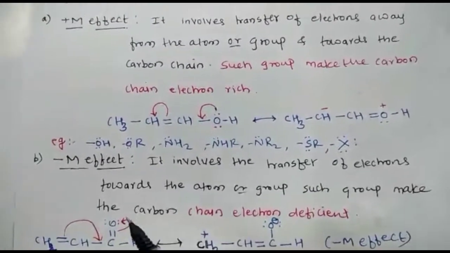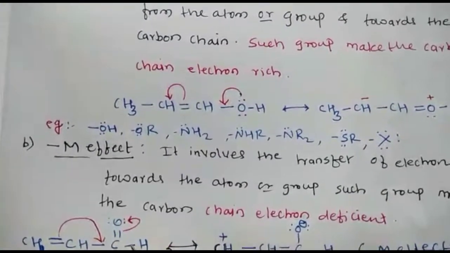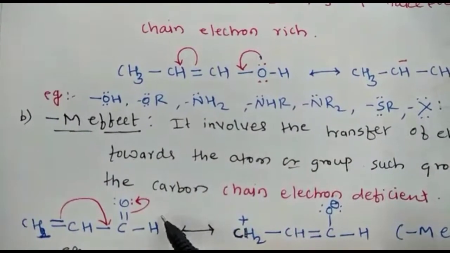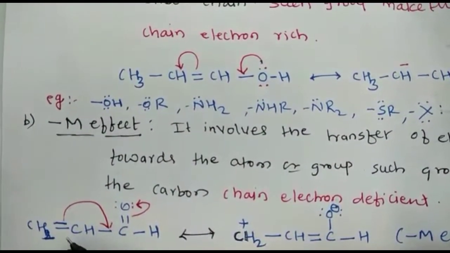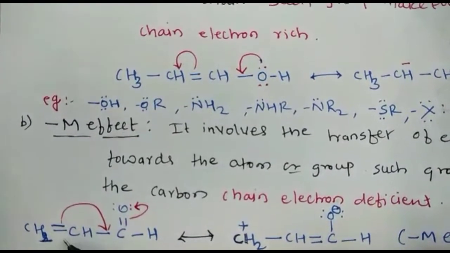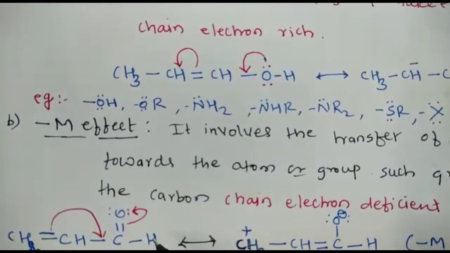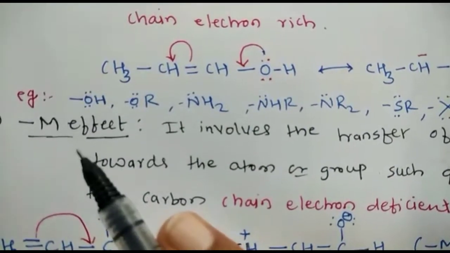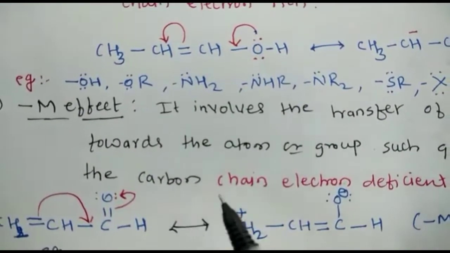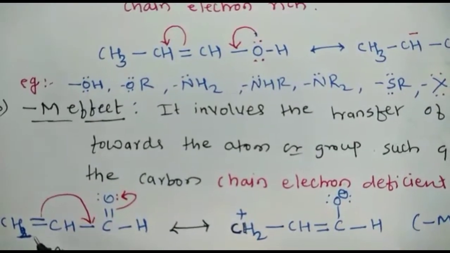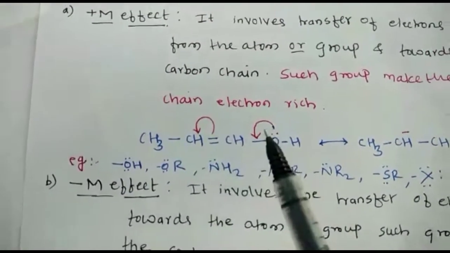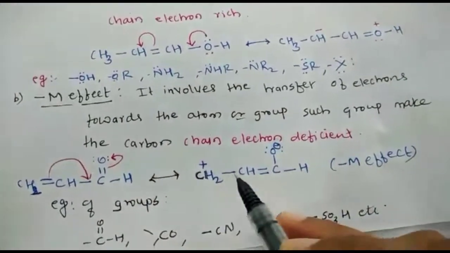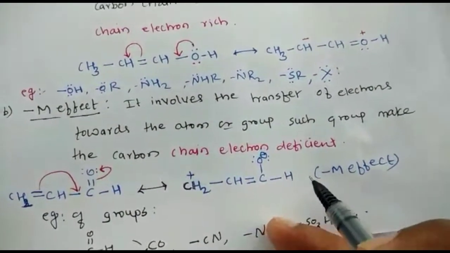Here, if the conjugated system, an unsaturated compound, is attached to an electron withdrawing group, this effect arises and is called the negative mesomeric effect. Electron density moves away from the carbon chain and towards the group. These are the resonating structures, and it is called the minus M effect.